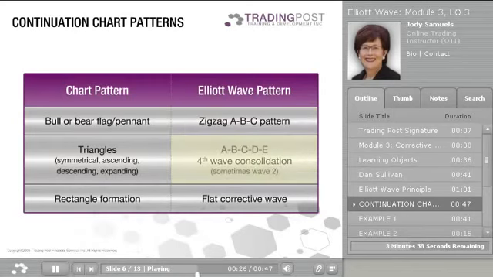Triangles are the same in both languages, and the measuring objectives are similar as well. Finally, the rectangle formation looks exactly like a flat corrective wave in Elliott wave analysis. By studying and recognizing chart patterns, one can easily apply them to Elliott wave counts and analysis.